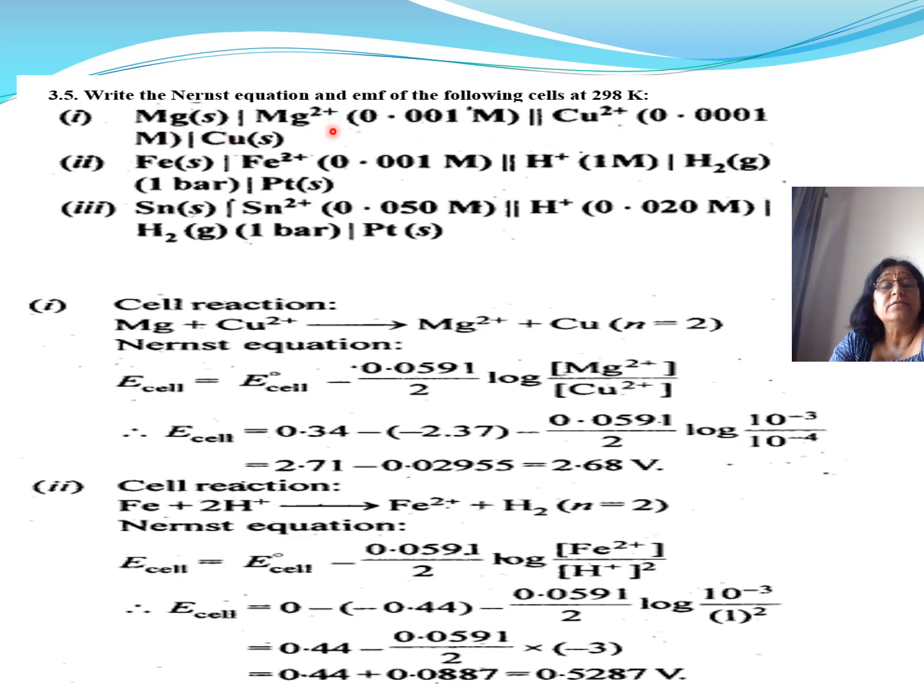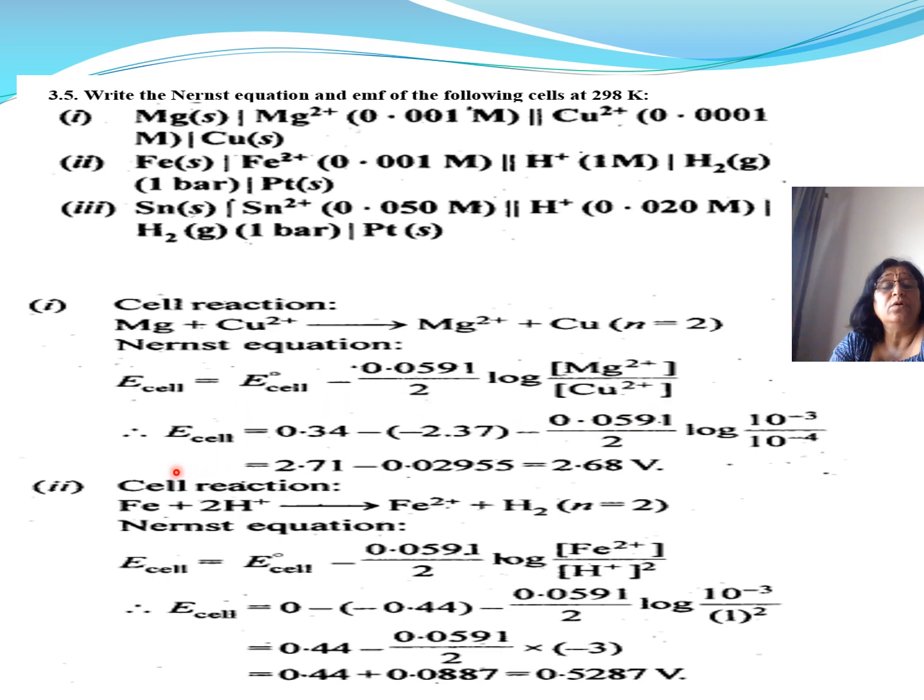First write the cell reaction, then the Nernst equation. Magnesium plus copper ions gives you magnesium ions plus copper. The flow of 2 electrons, so n is equal to 2. The formula is E cell equals E naught cell minus 0.059 by n log to the base 10 of magnesium ion concentration upon copper ion concentration.